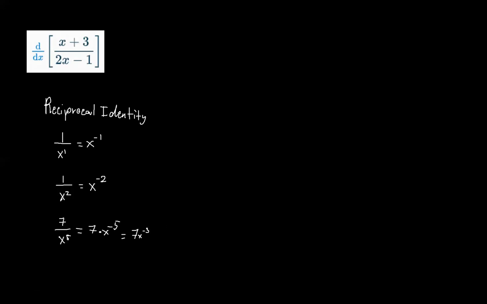Okay. So now let's relate it to polynomials. Let's just say 3 all over 2x plus 4 raised to 2. This one, I can simply rewrite as 3 times 2x plus 4 raised to negative 2.